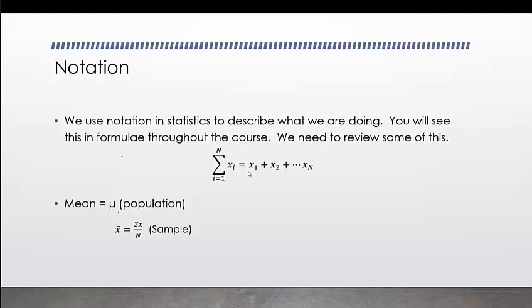So in our testing, we just had 10 tests. So this would be a 10 up here, and this would be the sum of our 10 terms. Okay, so the sum of x sub i equals x sub 1 plus x sub 2 plus x sub n, and n here is 10. Okay, these are the ith terms, and we're going up to 10.